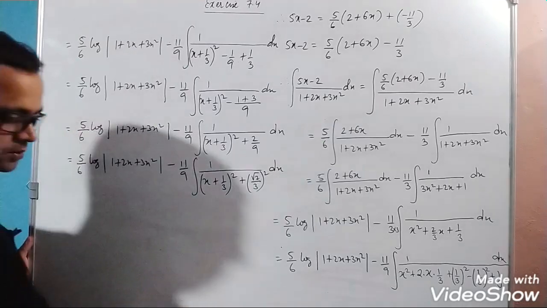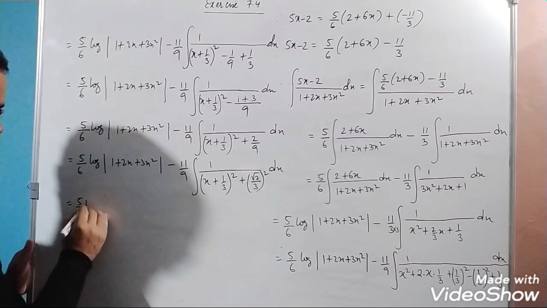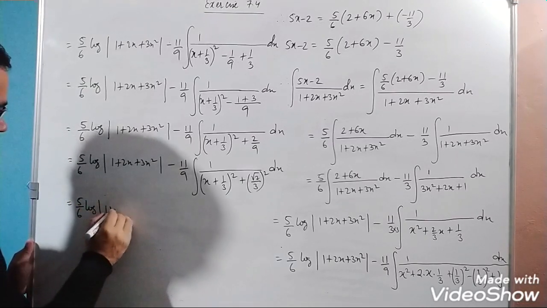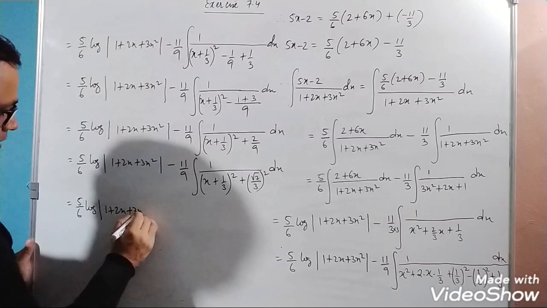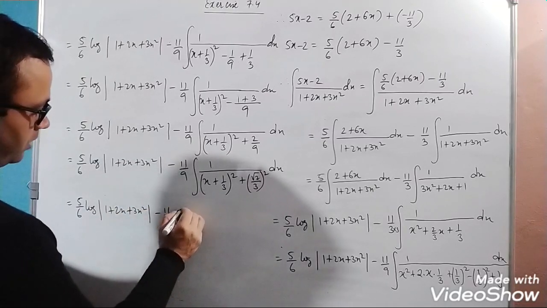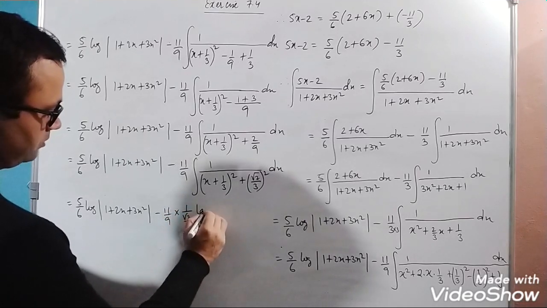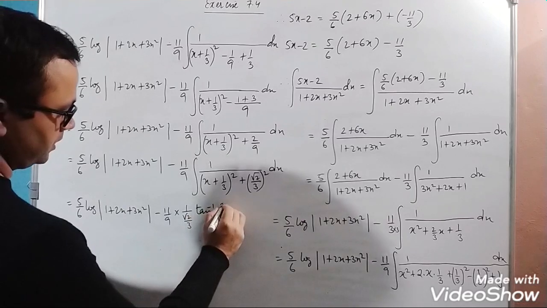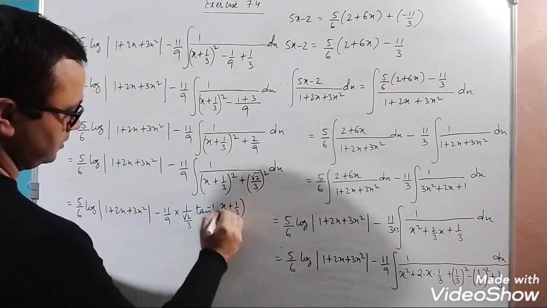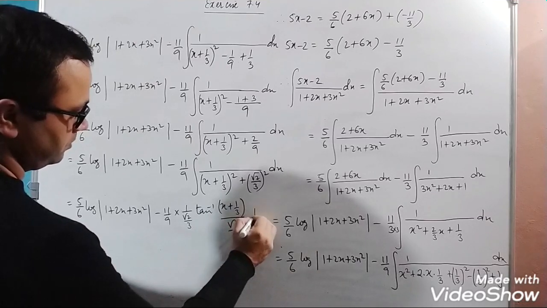1 by x square plus a square is, now it is 5 by 6 log 1 plus 2x plus 3x square minus 11 by 9 into 1 by a, 1 by root under 2 by 3 tan inverse x by a, x plus 1 by 3 by a is root under 2 by 3, plus c.